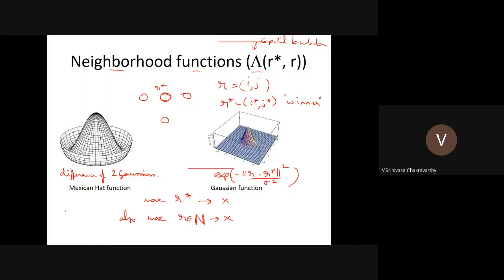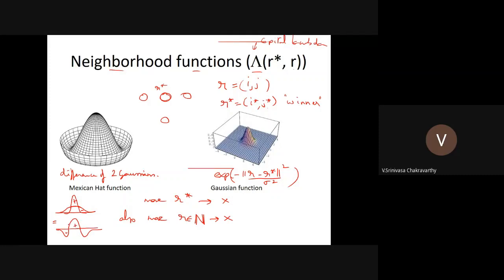So, for example, if you take a Gaussian with high amplitude and small standard deviation, and another Gaussian with large standard deviation but small amplitude, and take a difference of these two, this is plus and this is minus, then the difference will look something like this. So this part will be minus and this part will be plus.